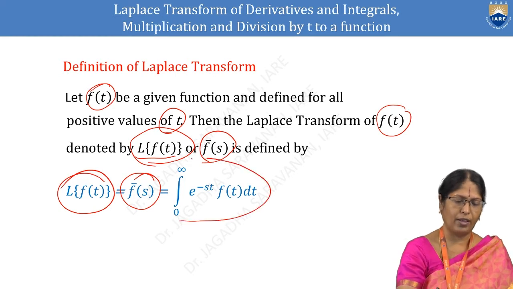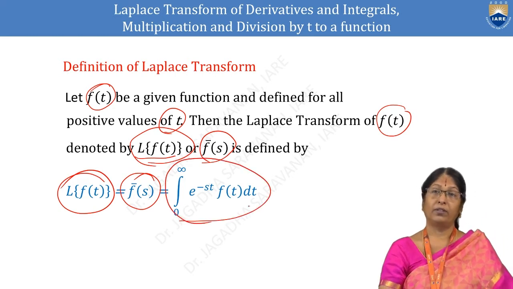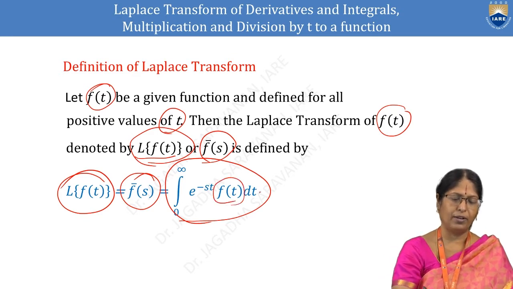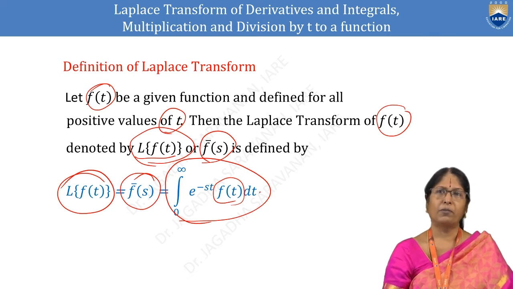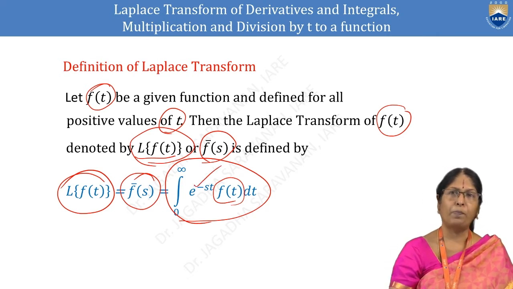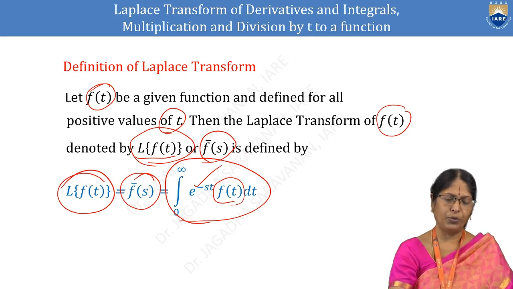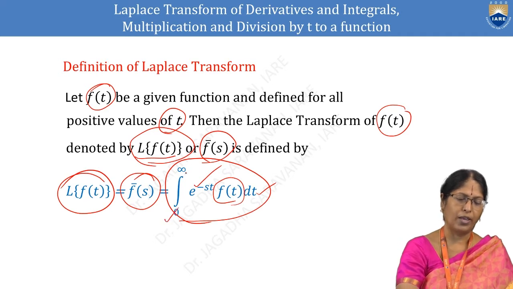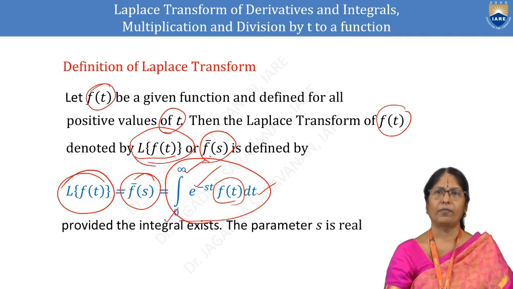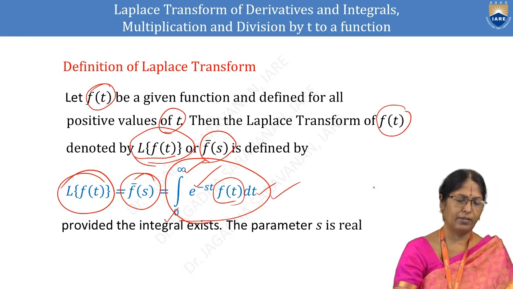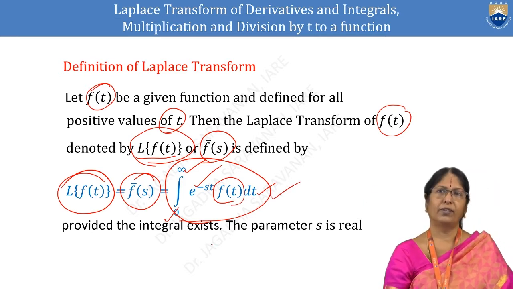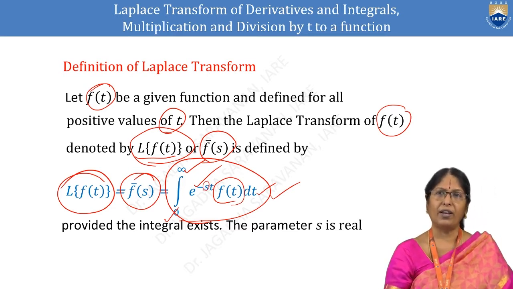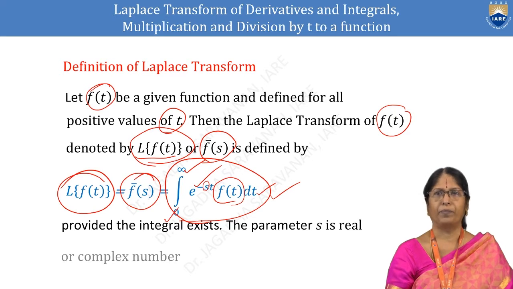In a simple way we can express this Laplace transform: the function f of t is multiplied by e power minus st, and we integrate with respect to t from 0 to infinity. This integral should exist, and this parameter s is a real or complex number.